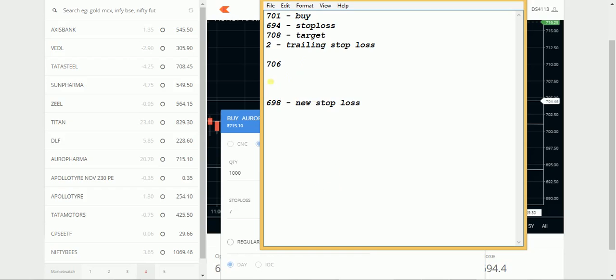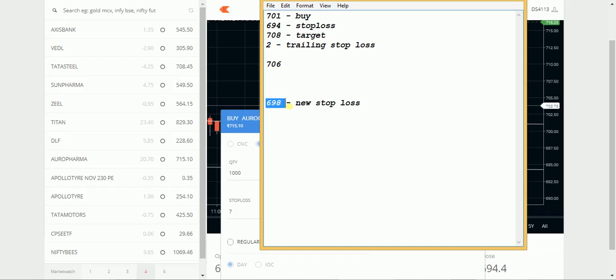Now say suppose from 706 it falls down. So before hitting my target, this particular stock falls down, and as you see, my new stop loss will be 698.